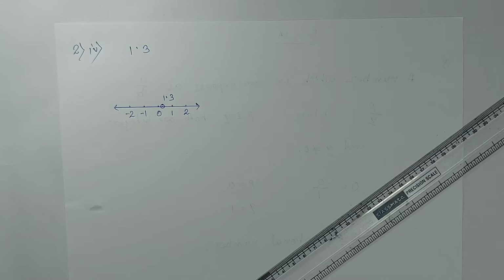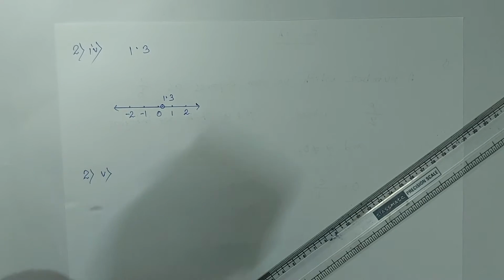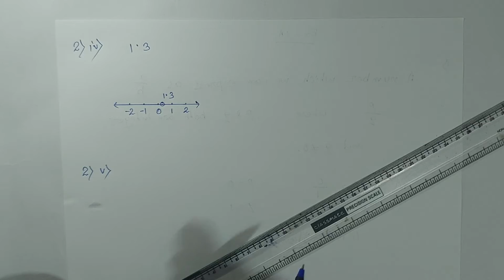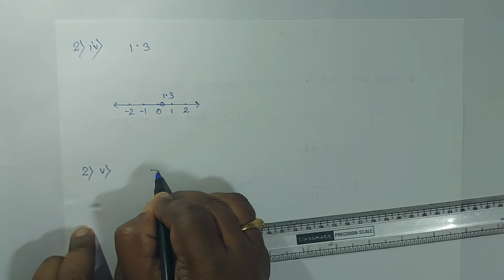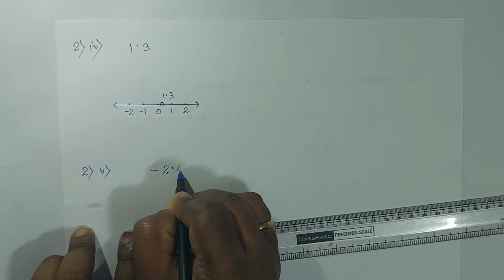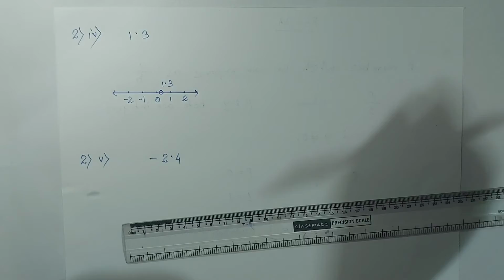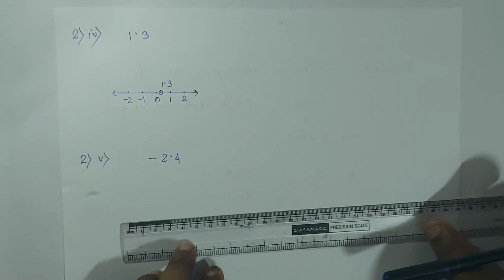Next is question number 2, the fifth one: minus 2.4. We need to plot this on the number line. So let's plot minus 2.4.